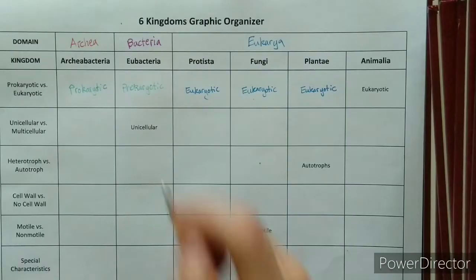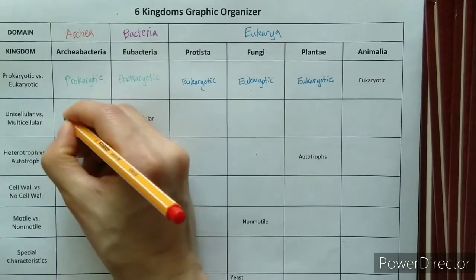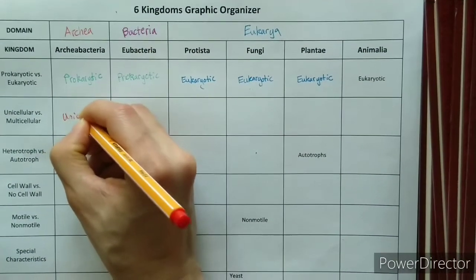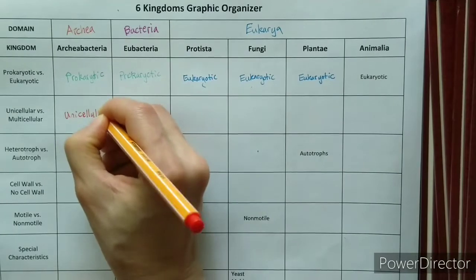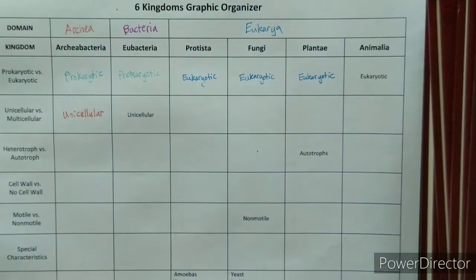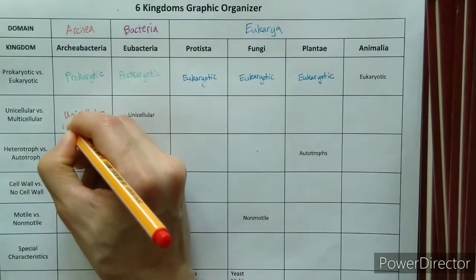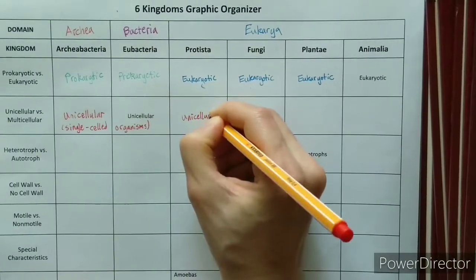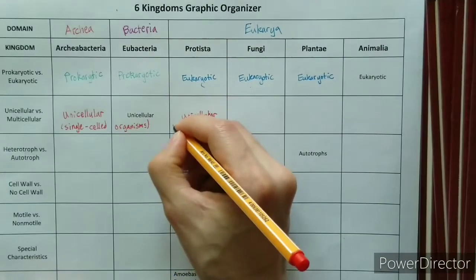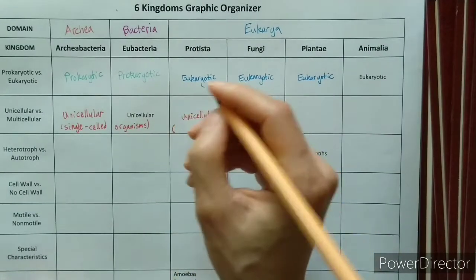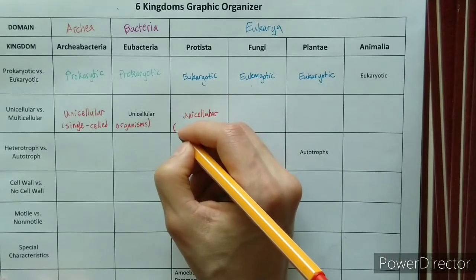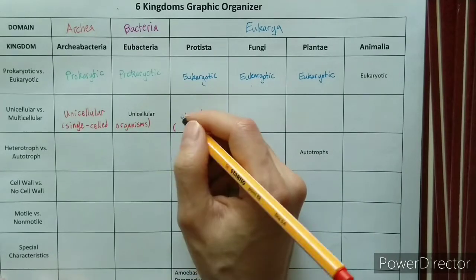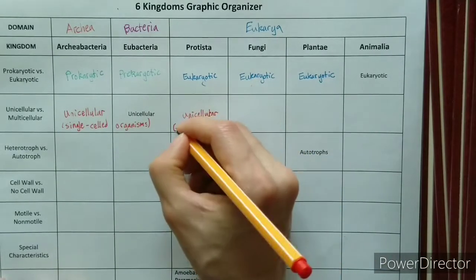Did you catch that? Archaea and bacteria are both unicellular, composed of one single cell in their organism. Though protistas sometimes like to live in multicellular colonies, each individual cell is still going to be considered one organism or one protista.